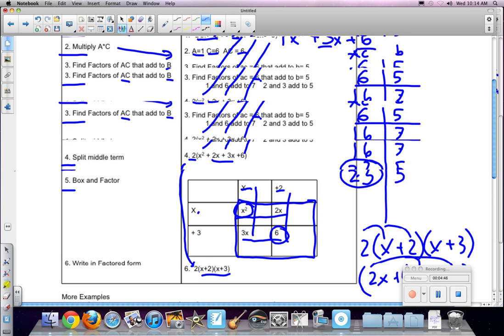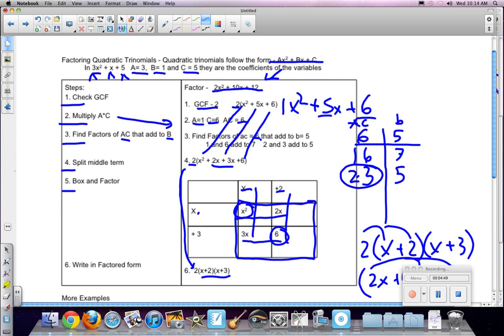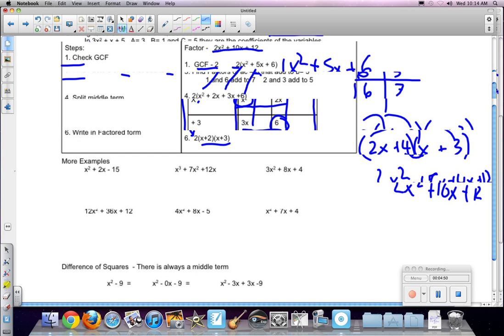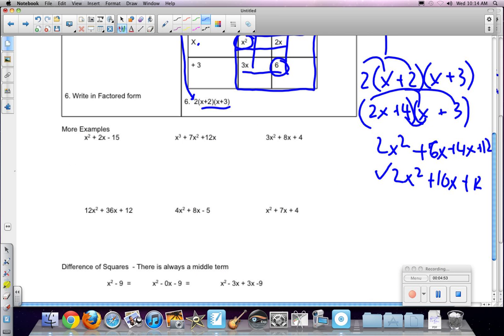And that is my start, 2x squared plus 10x plus 12. So I did it right. Check. Let's do one that's just a little bit simpler, and we'll go through the steps here.